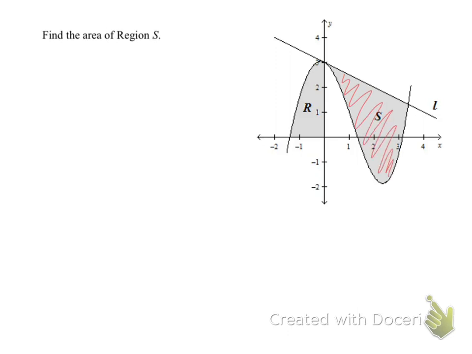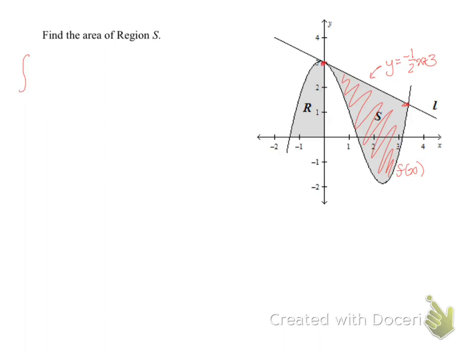Again, it goes from intersection point to intersection point. Okay, so remember it's top minus bottom. So this is your top function, which is y equals negative 1/2 x plus 3, and this is f of x. So to find the area of region S, you're going to take the integral.